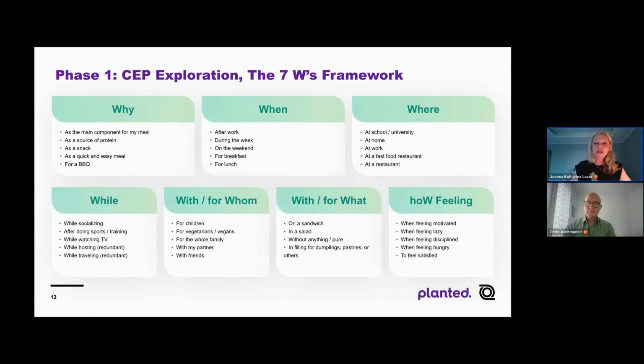So we started with a brainstorming workshop together with your team, Peter, and we followed the very compelling yet easy approach of asking ourselves, when consumers think about the category, what could be the reasons why? When would be the situations that they could think about the category and the food that we're offering?